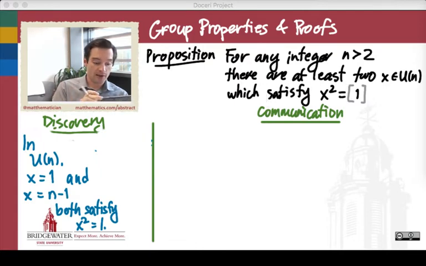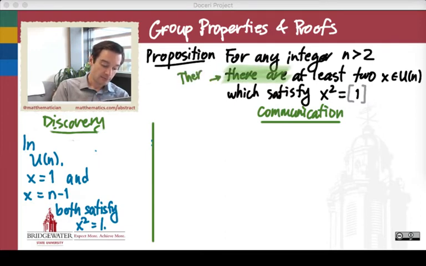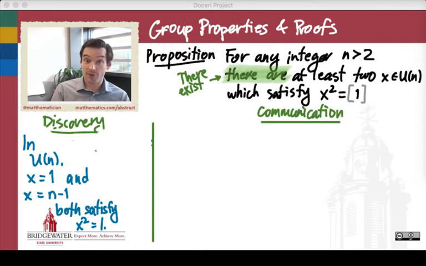Because notice that our burden of proof in this proposition is existential. We have to show that there exist something, right? And so if our job is to show that there exists something, then it's okay if we're super explicit as authors of our proof to say, yeah, they exist, and here's how to make them. We get what's called a constructive proof.